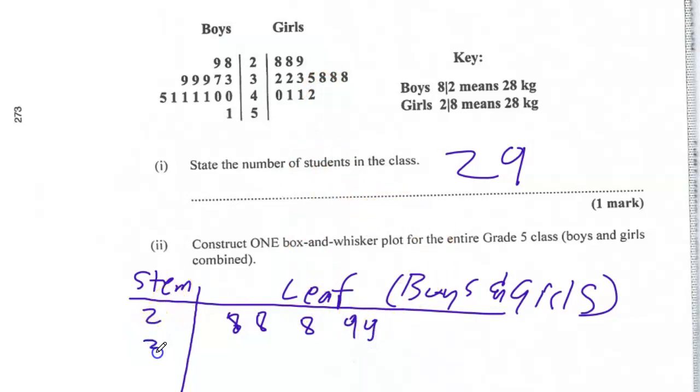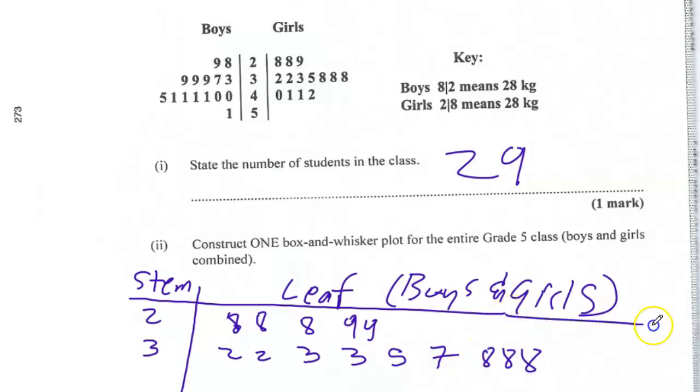If we look at 3, we have 2, 2, 3, there's another 3 over here on the boys' side. And then we have a 5, and then a 7, and then 3 8s and 3 9s. So 3 8s, 3 9s, a 7, 2 3s, 2 2s, and a 5.